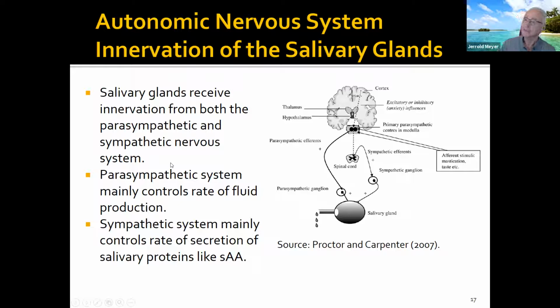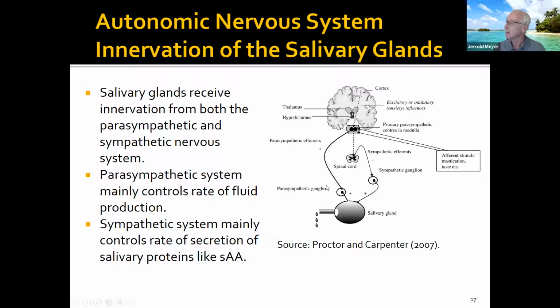If you're going to use this kind of biomarker, it's important to be aware of the fact that the salivary glands receive innervation not only from the sympathetic nervous system, which is what you may be interested in here, but also from the parasympathetic system. These are, of course, the two branches of the autonomic nervous system.